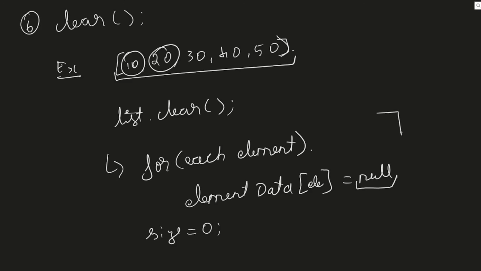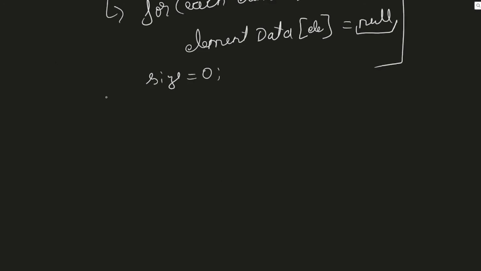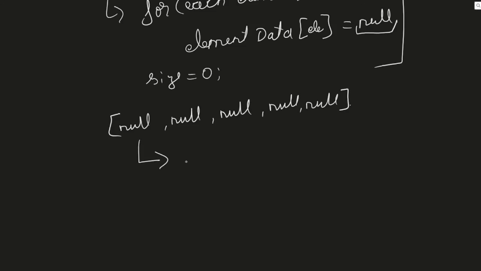And once this process is completed, our array looks like this. An object array with all the null objects. And these null objects become eligible for garbage collection.